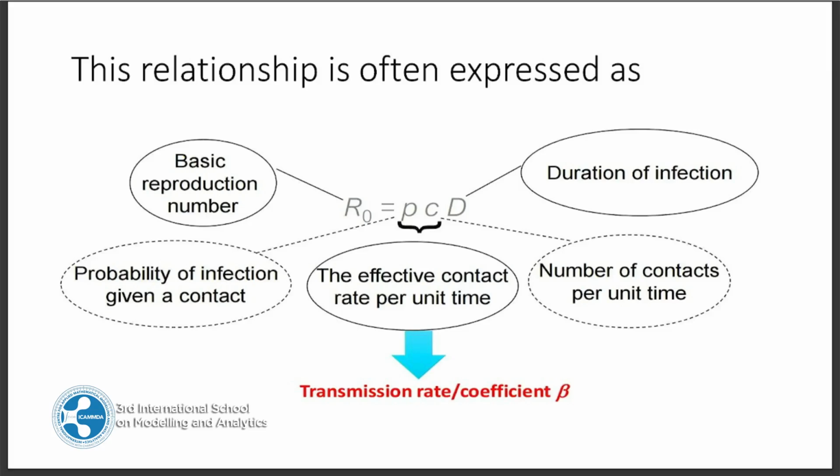Keeping this definition in mind, if you have a simple model, let's say an SEIR model. So you recall that lambda, the new case of the disease, is defined by what?